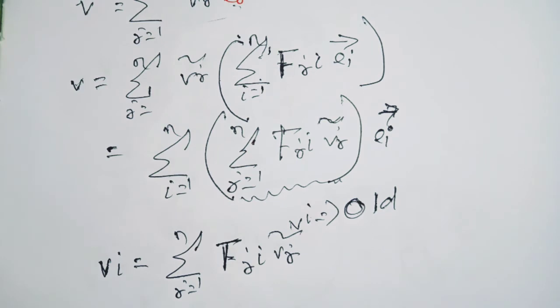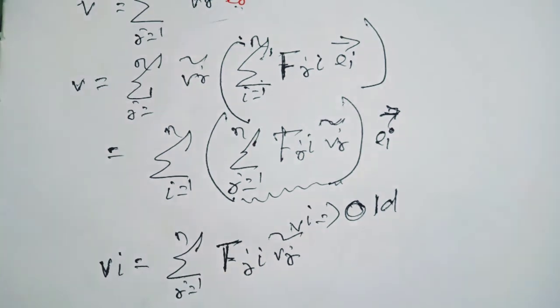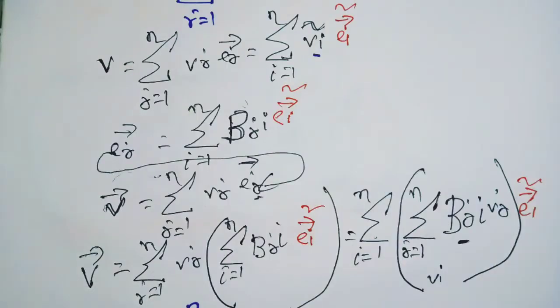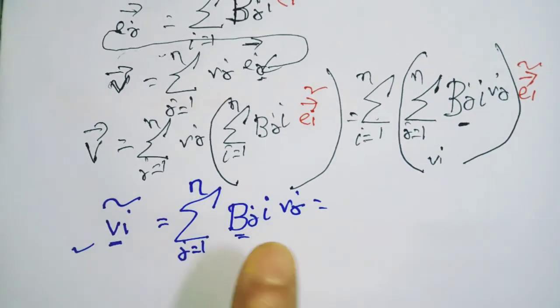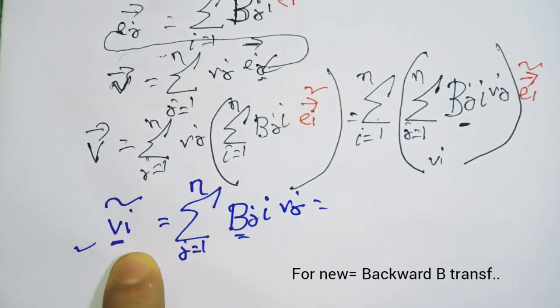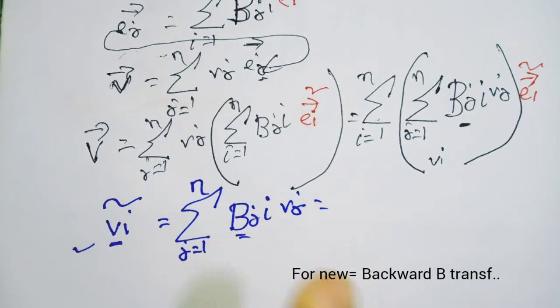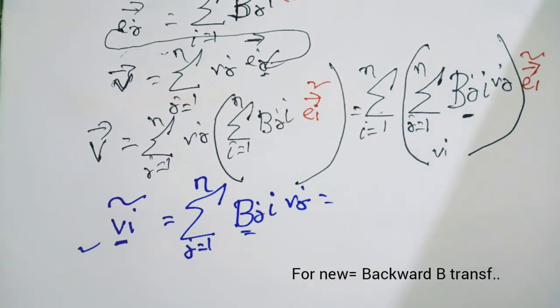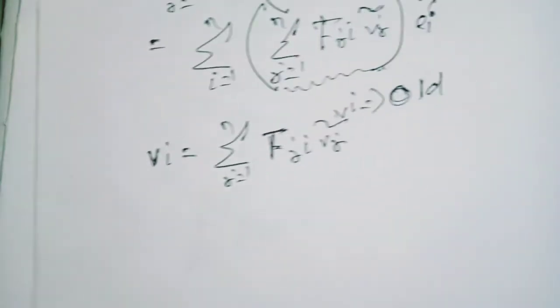So we are almost at the end of this. We are almost done. So what does this prove? This proves that to move from the new to old, we use this one, f, from the forward transformation. And to get the backward transformation, to move to the new basis vector, we have got the backward. So exactly it is the opposite. You see this one and this one.